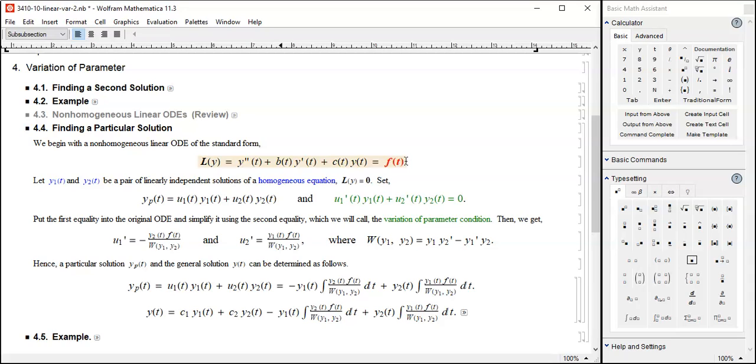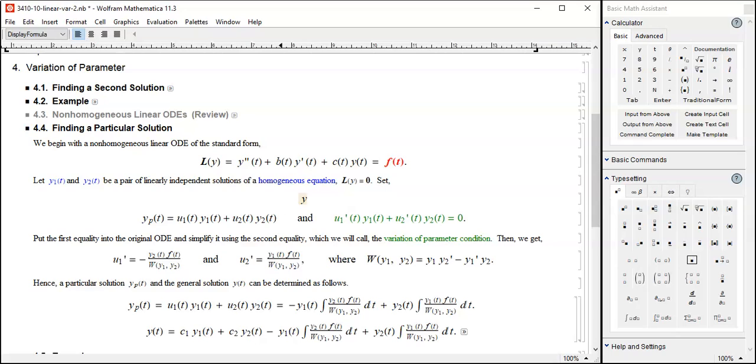Let y1 and y2 be a pair of linearly independent solutions of the homogeneous equation. And then we are going to set yp as the linear combination. As a matter of fact, we can begin like this: c1y1 plus c2y2. And then we are going to change c1 and c2 around. Of course, I cannot change them around if they are set as constant coefficients.